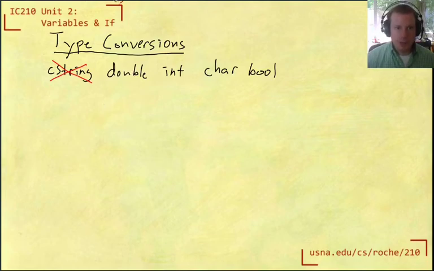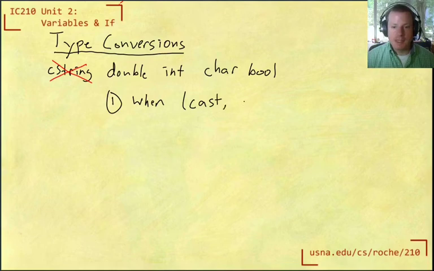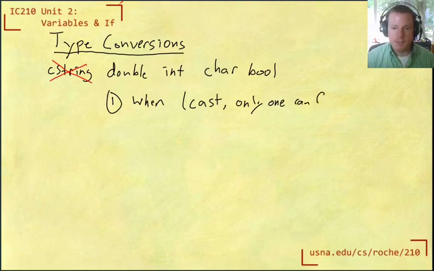And what we're going to be looking at is, first of all, when do they need to occur? And there's a few cases. The first case is what's called an explicit cast. That's when we actually ask for, please do this type conversion. The second case is when only one type can fit.